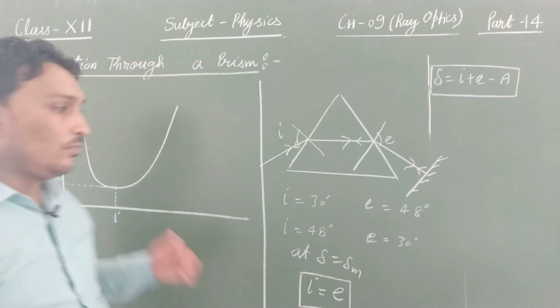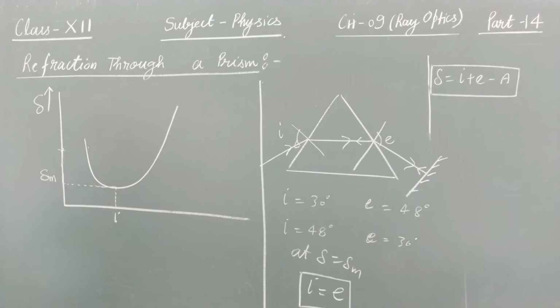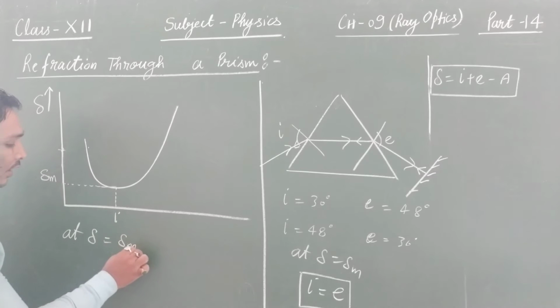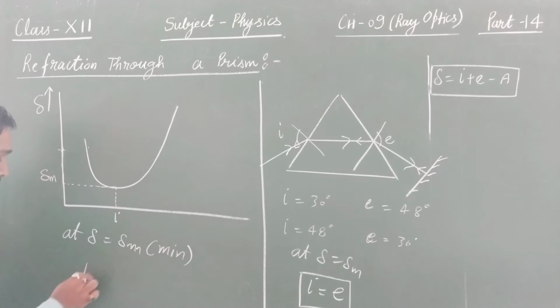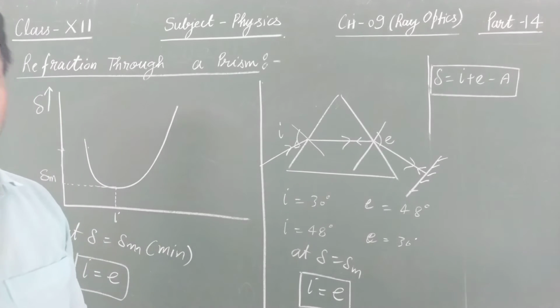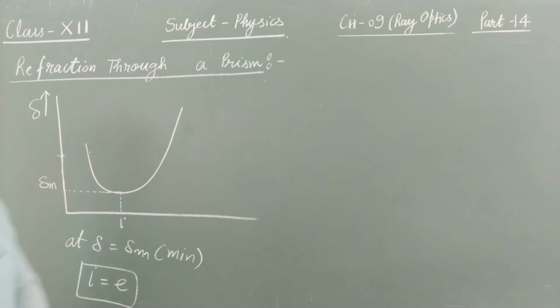So this is how we conclude that at delta equal to delta m, which is minimum, I is equal to E. Okay, so this is the first conclusion for angle of deviation. I hope I am clear. So when the angle of deviation is minimum, I is equal to E, that we have discussed.